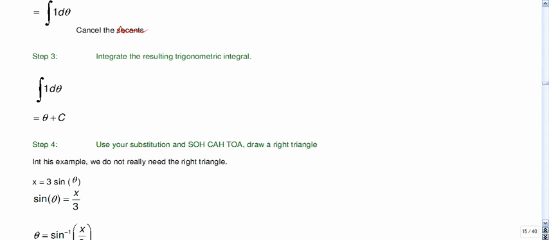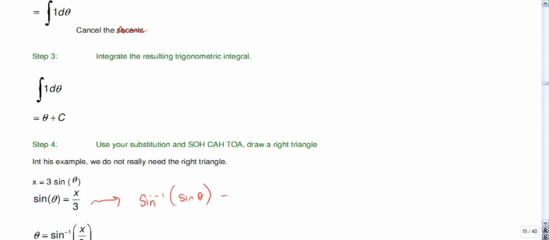What I am going to do, though, is take my substitution and solve it for the trig function I used. So sine theta is x over 3. And now I'm going to solve this for theta. You might say, how? I don't remember how we do that. Well, remember, to solve something for theta, you can take the inverse sine of both sides.